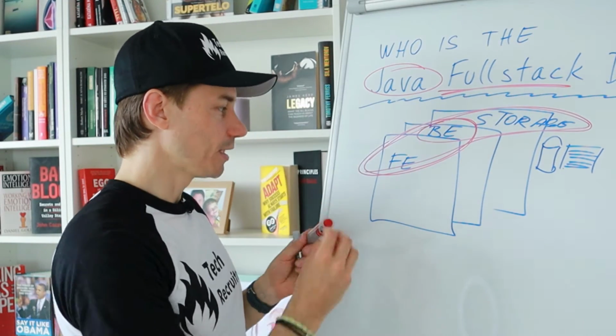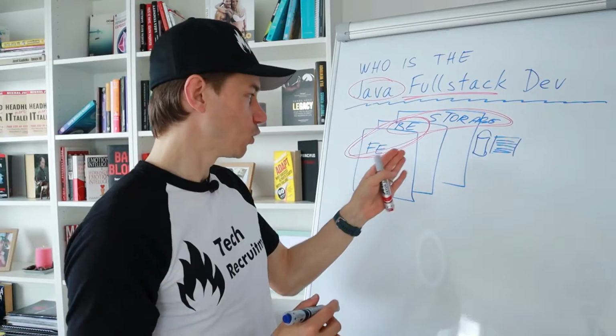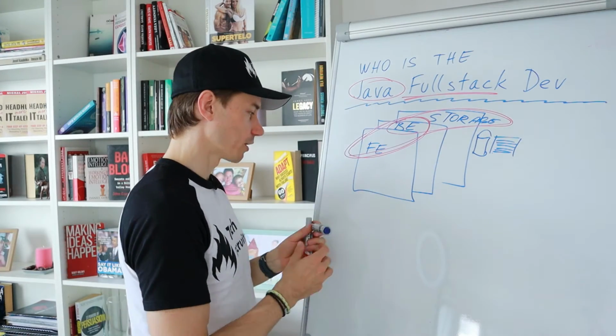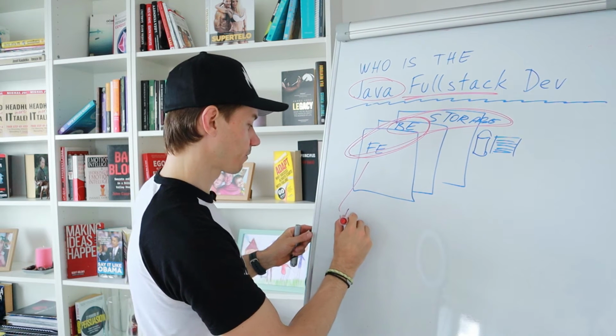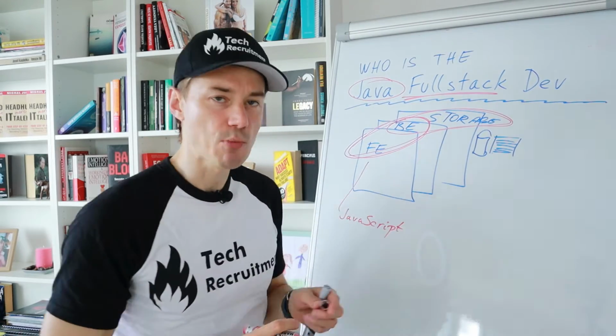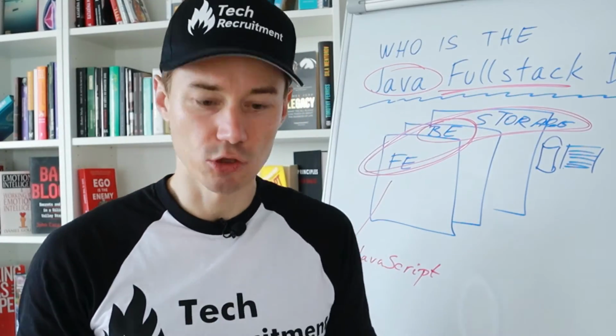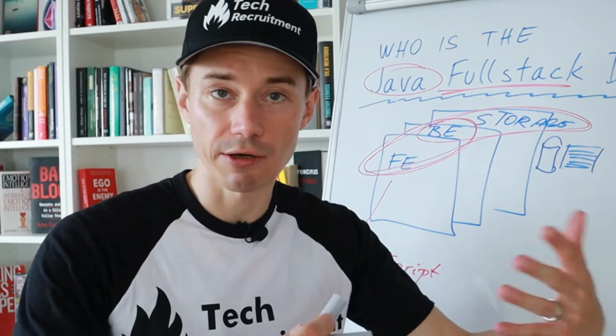And now the thing is, what do front end developers work with and what do back end developers work with? So for example, front end developers use JavaScript, and they use some frameworks. Frameworks are like templates to make it easier for developers to kickstart a new project.